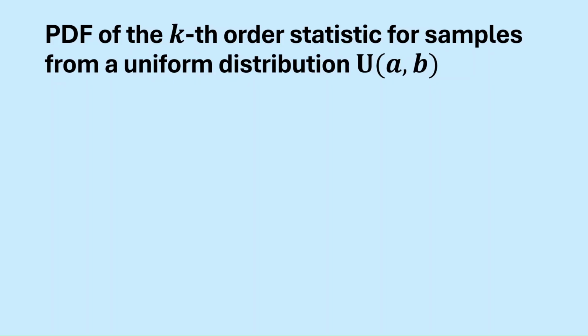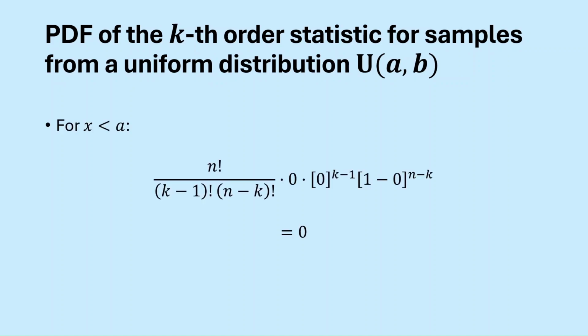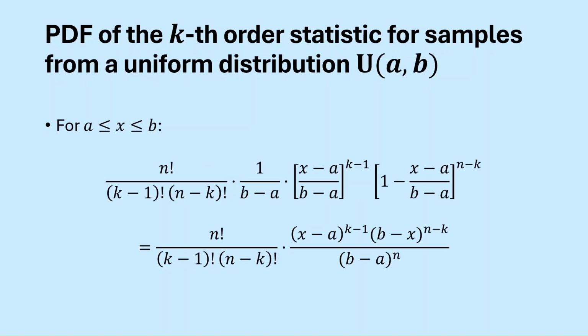We will substitute in the general formula the specific pieces of the CDF and the PDF of the uniform distribution in each interval. For x less than a, the PDF of the kth order statistic takes the value 0. For x between a and b, the PDF of the kth order statistic takes the value you see here after some manipulations.